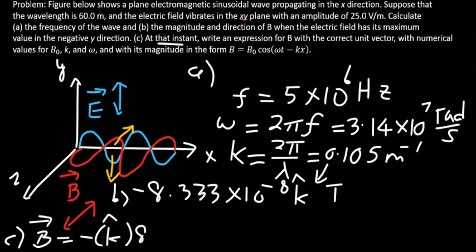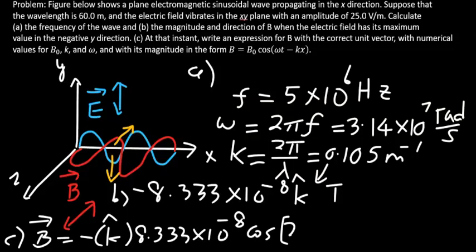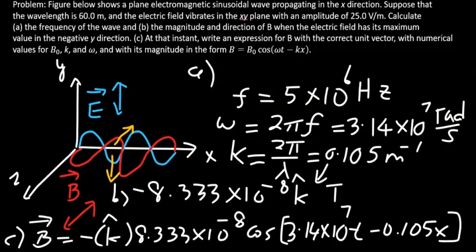The amplitude is 8.333 times 10 to the power minus 8 Tesla, so that's B naught. Cosine, k is the wave number, and omega is the angular frequency. So omega is 3.14 times 10 to the power 7 t minus k, 0.105x. And that solves the problem.